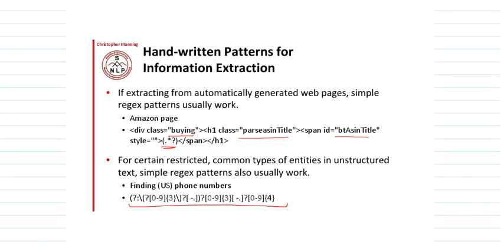The phone numbers may have some pattern for one country, and some other pattern for another country. Similarly, a web page may have some pattern for Amazon, and a different pattern for Facebook or Twitter. So in order to generalize, these handwritten approaches are not very workable.